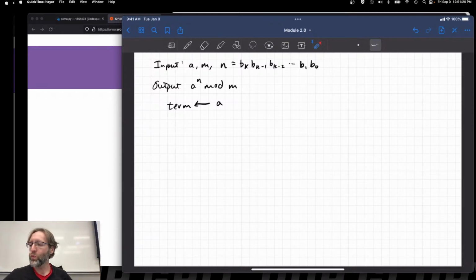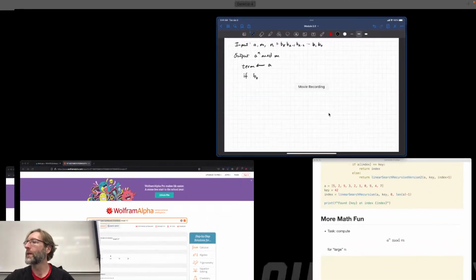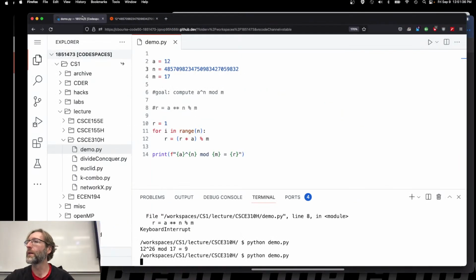Yeah? So when I said input size, are we still doing it linearly? Well, we'll analyze it once we've written it. But before we weren't doing it linearly. Before it was exponential, because we're doing it as many times as n is.